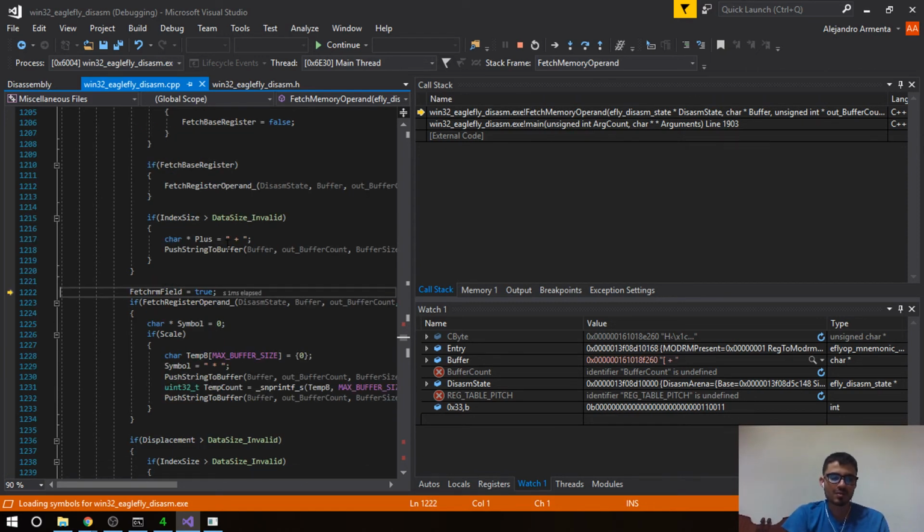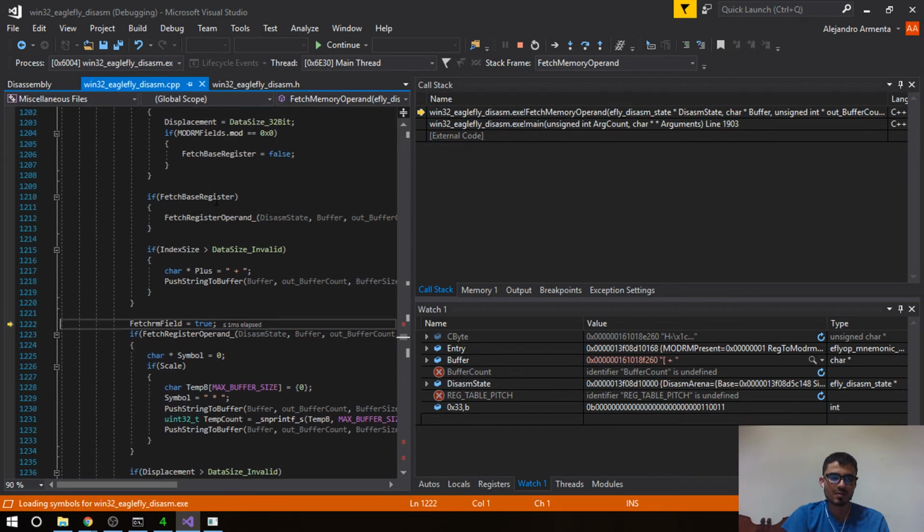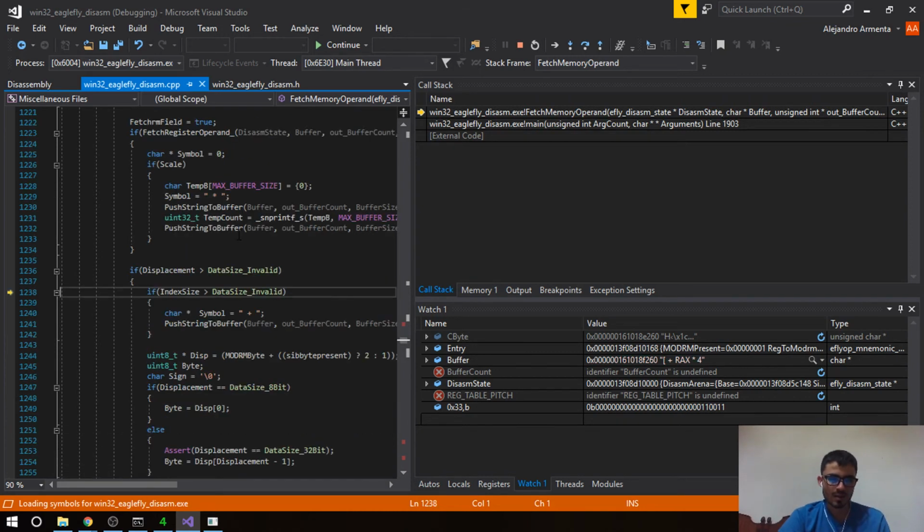Now this is incorrect, but we're going to change that in a moment. Times 4 and the displacement is 4. So the displacement should be pointing to 0. Okay, that's correct.